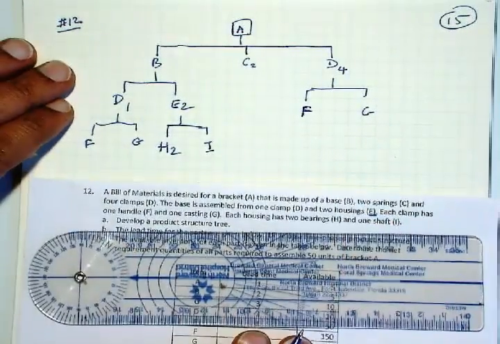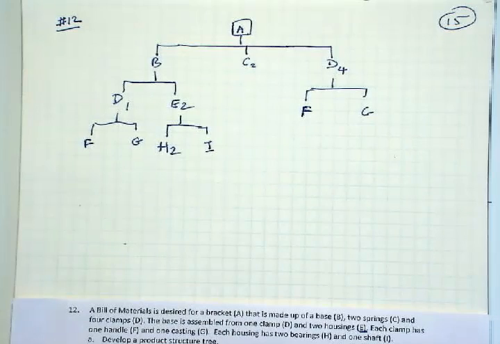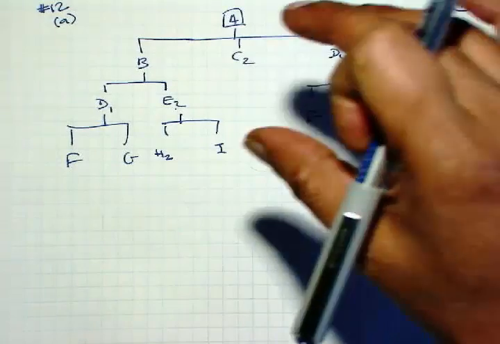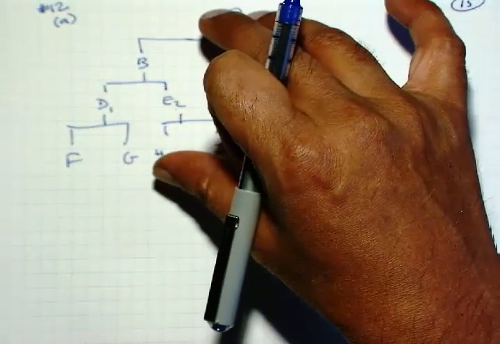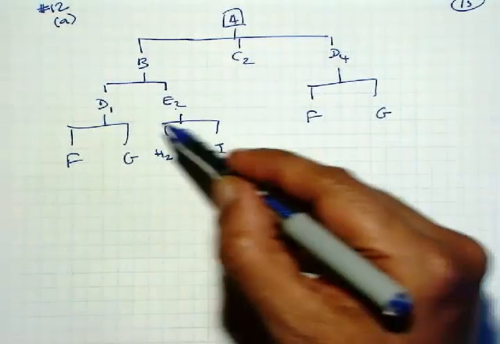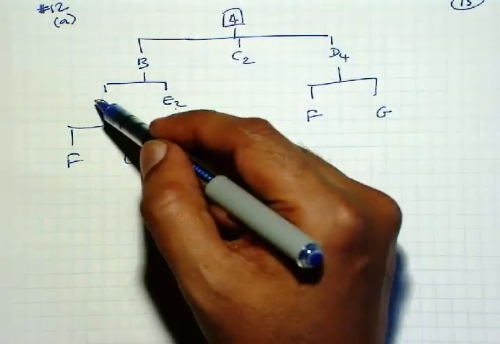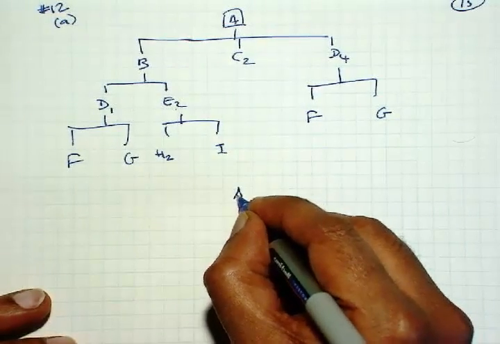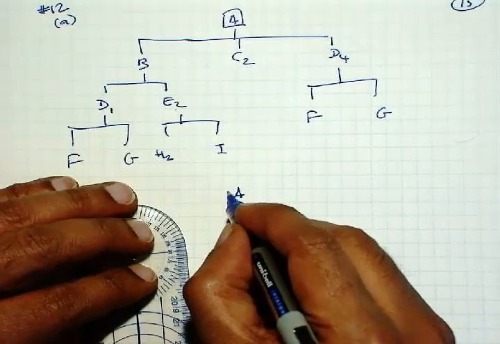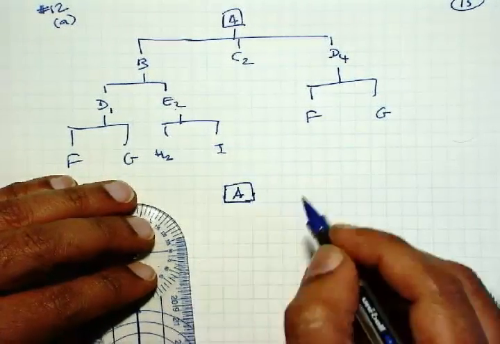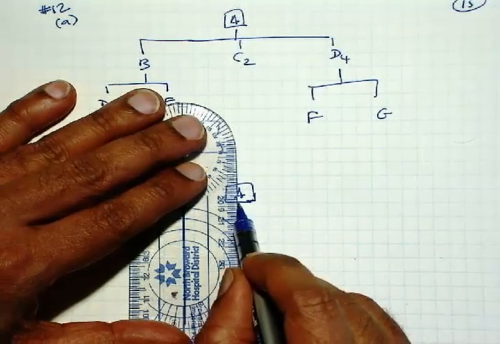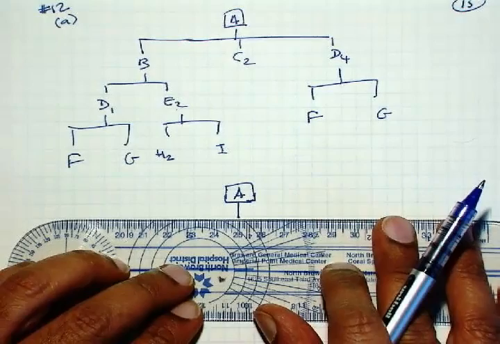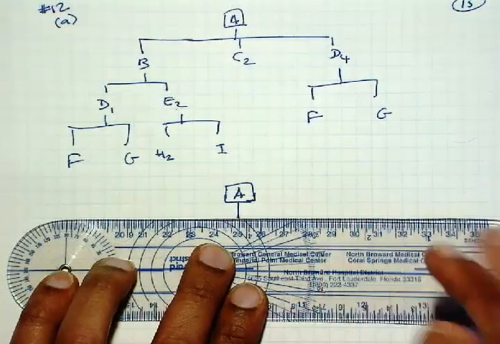So let's redraw this bill of material and we'll finish. Now let's draw this rough bill of material in the proper way, putting D in the same level as this one. So we start with A. Put a box around it. So we need B, C, and D for that.